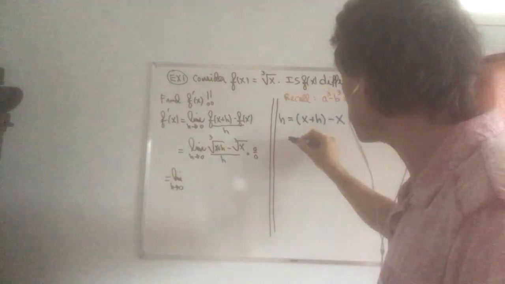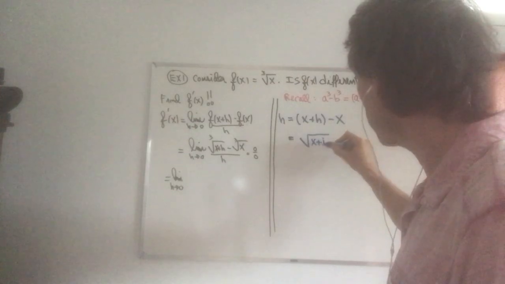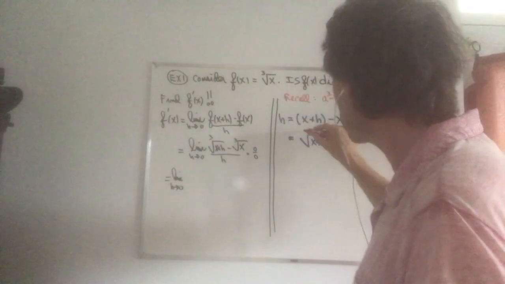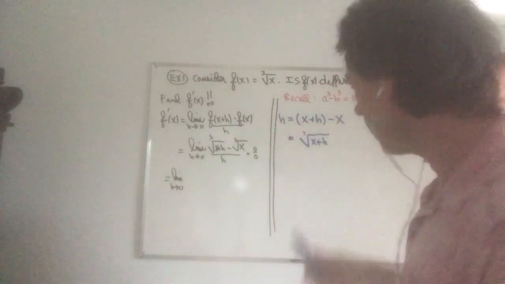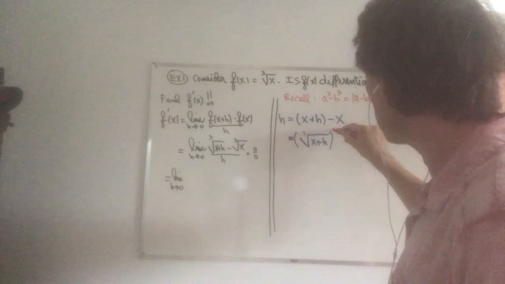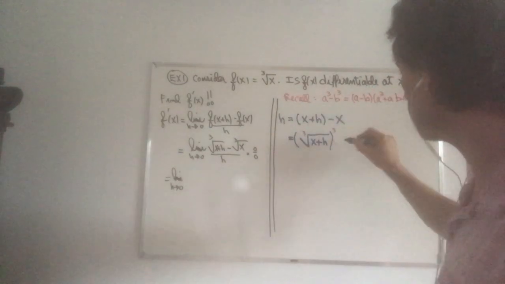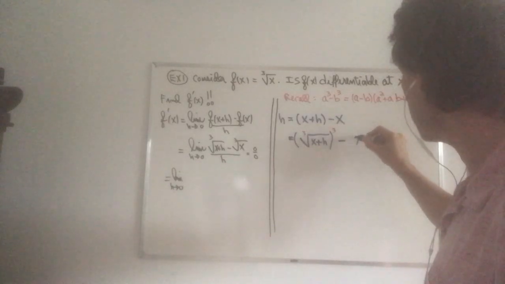But here's the fancy trick. I am going to write x plus h as, well, a very unusual thing. I'm going to put here the cube root of x plus h, all cubed. Would you agree that if I cube a cube root, I'm going to get exactly what I started off with, which is x plus h? And I'm going to do the same thing here.